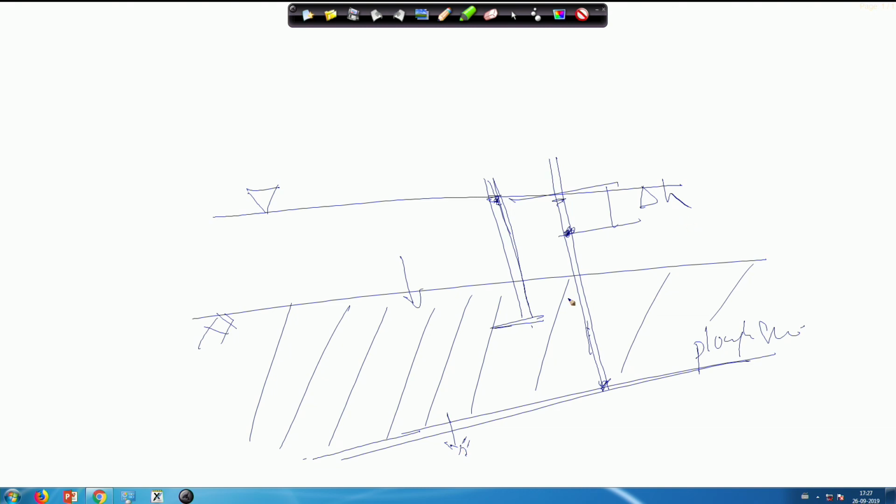This is delta H and this is the distance between the two points, delta L. If you know the daily water levels, the difference in water levels, let us say delta capital H.